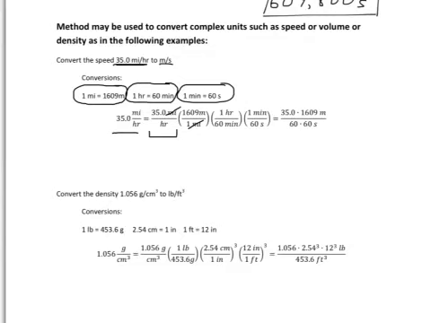So I write 1 hour over 60 minutes in this manner, and then hours cancels, and at this point the units I have are meters over minutes. And then finally, the last conversion factor comes from the last equivalency that I have written there, and that's 1 minute equals 60 seconds. And again, I put 1 minute in the numerator to cancel that in the denominator, and 60 seconds in the denominator.